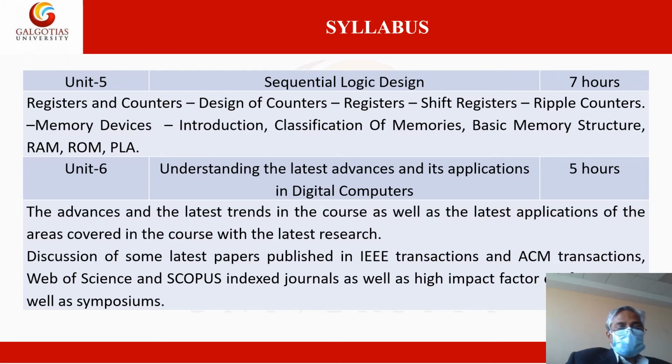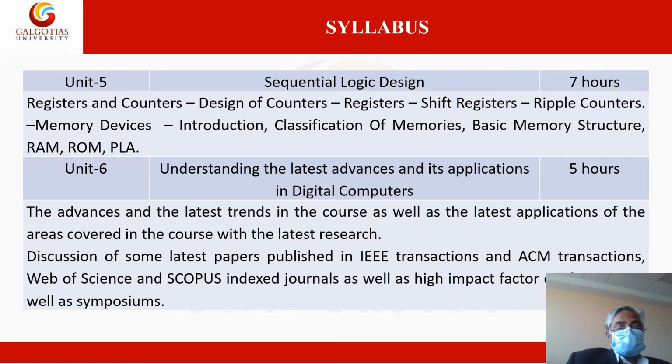Then unit 6 is about understanding the latest advances and their application in digital computers. What new is going on in this course, so you will learn about that. The advances and the latest trends in the course, as well as the latest applications of the areas covered in the course with the latest research.